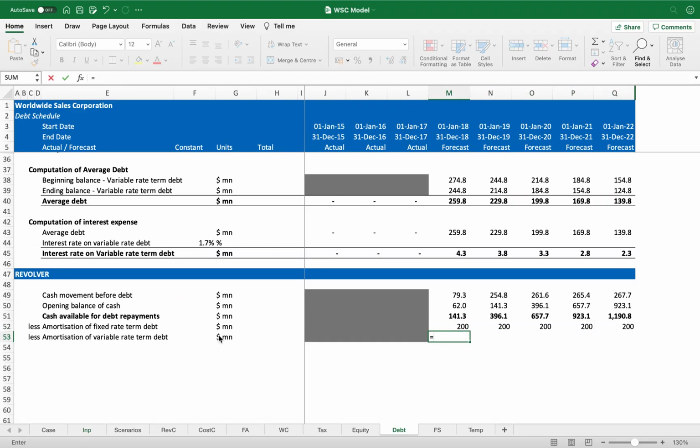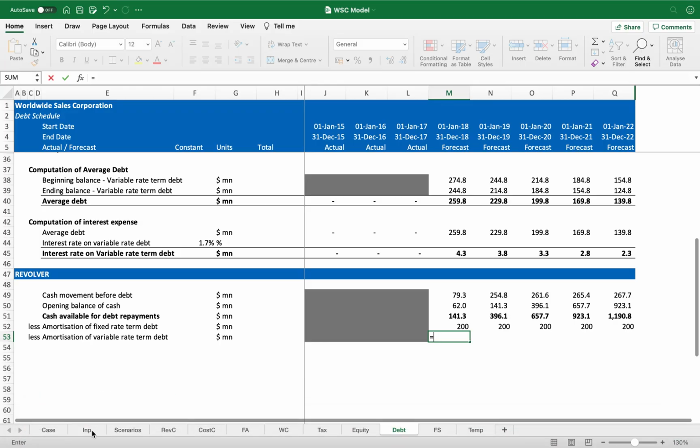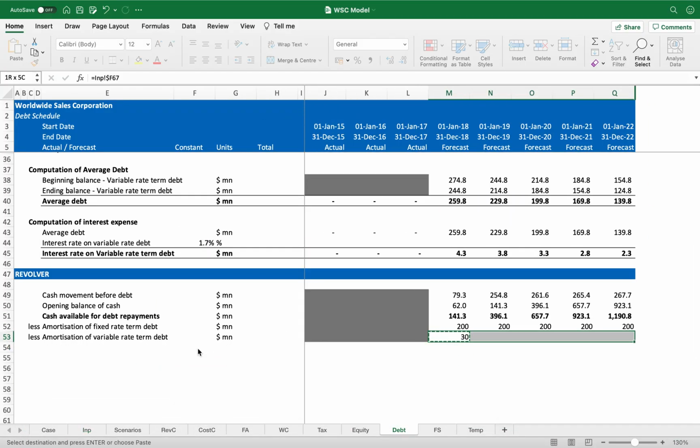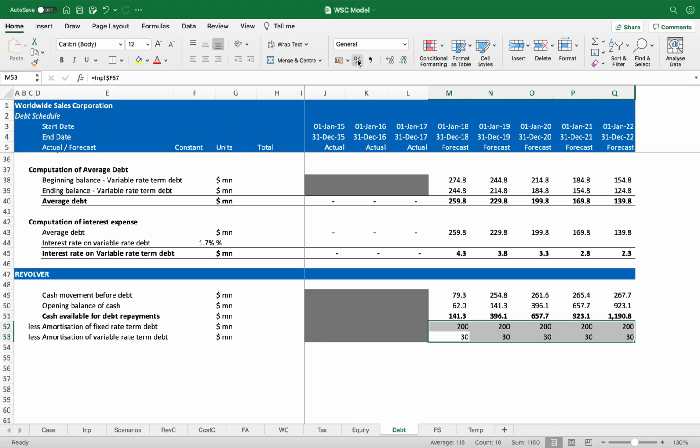Then 30. You can also link it from above, that's fine here.